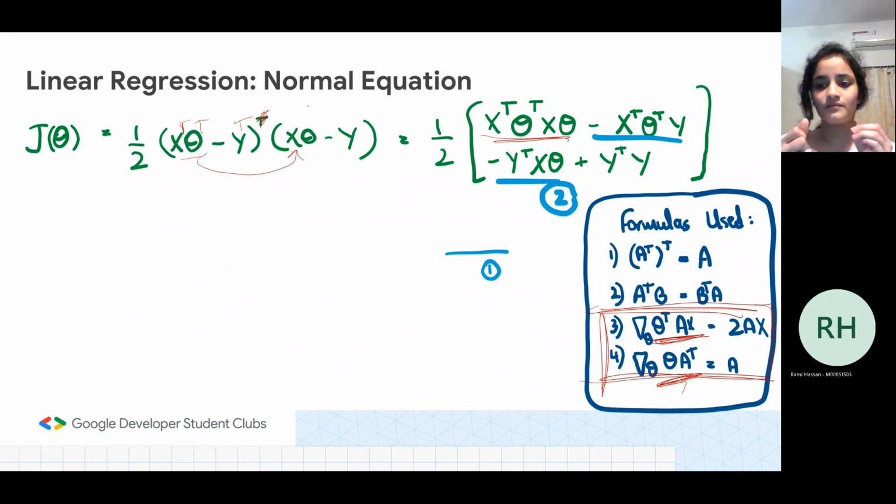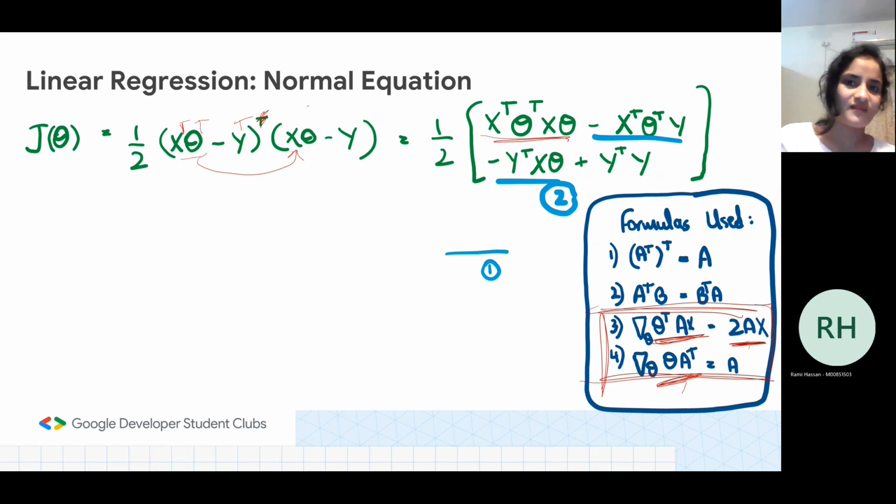If the term with respect to which we're derivating, here theta, has the transpose, then it becomes 2. If you do the derivation, you get 2ax: the coefficient stays as it is, and theta transpose becomes 2. That's one pattern. The other one, if it's the coefficient that has the transpose and theta is just theta, then our answer is just that coefficient. So these are two derivation formulas.